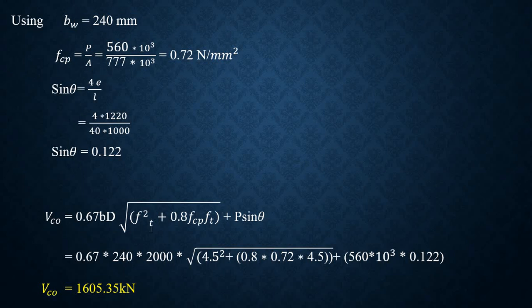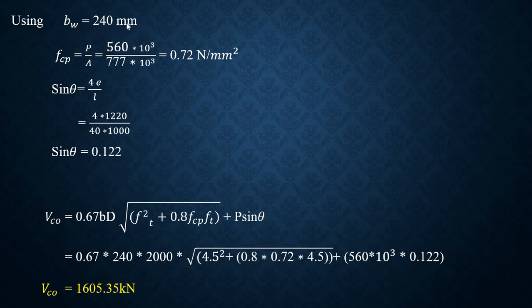This is the formula. So we know that already we have b value, D value, ft also is known, but fcp is not known, as well as sin theta. These two terms are not known, so we should focus on finding these terms.